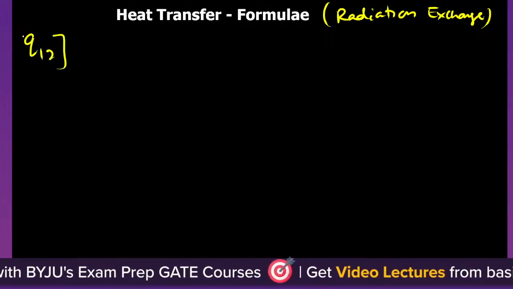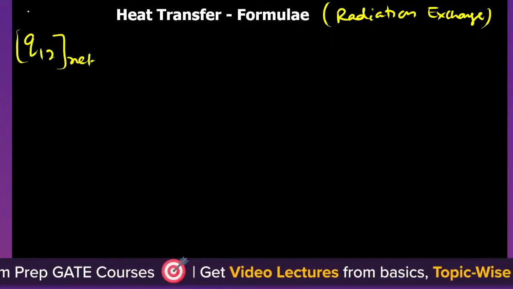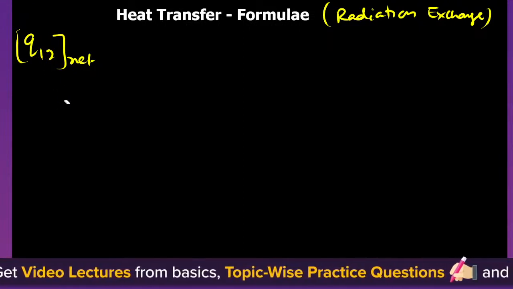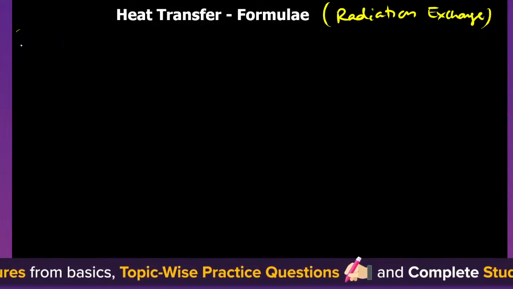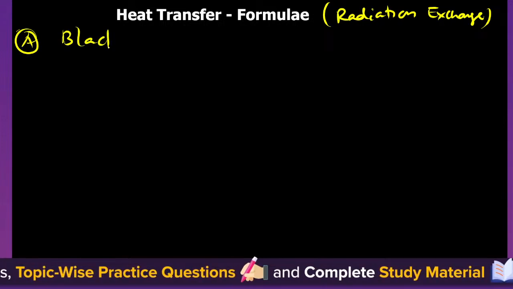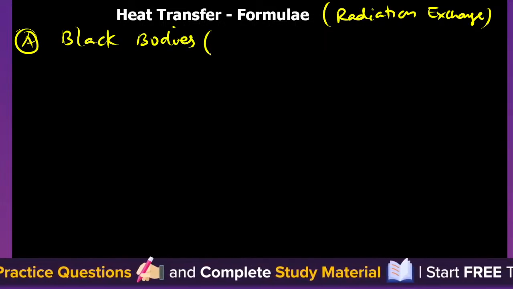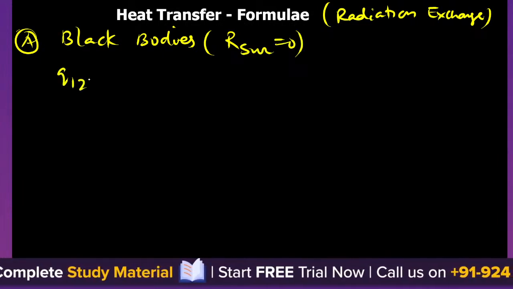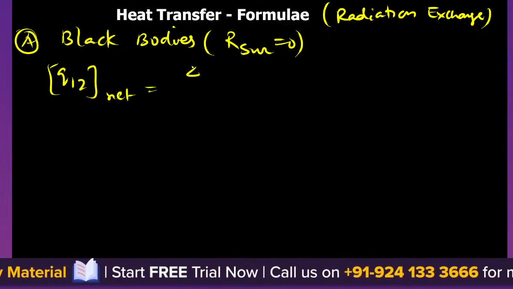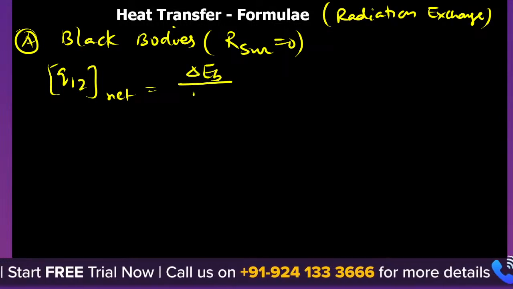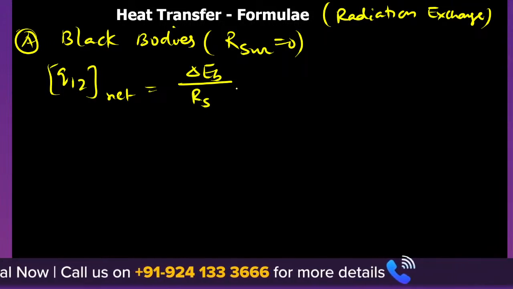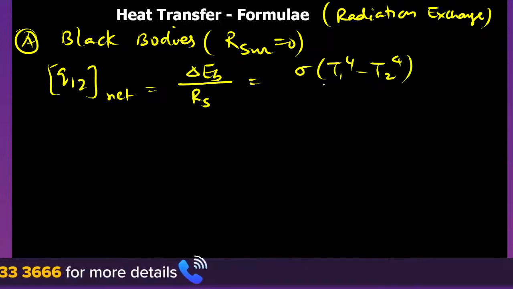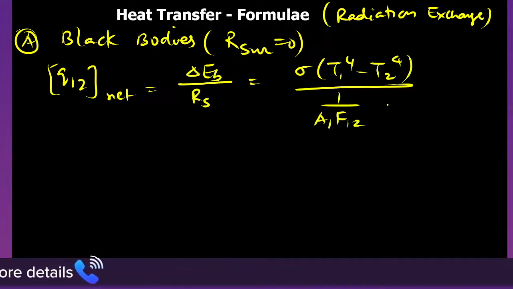So Q1-2 net for a black body. If we talk about the black body, surface resistance will be 0. So Q1-2 net will be equal to delta Eb upon only the space resistance R1 to 2, or we can say sigma into T1 to the power 4 minus T2 to the power 4 upon 1 upon A1 F1 to 2.